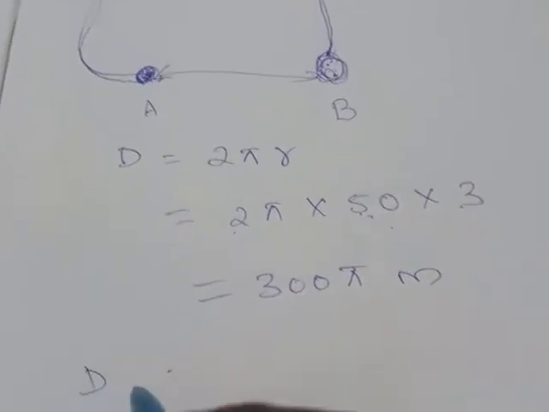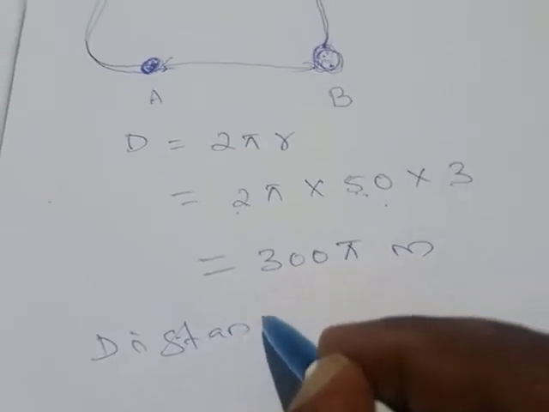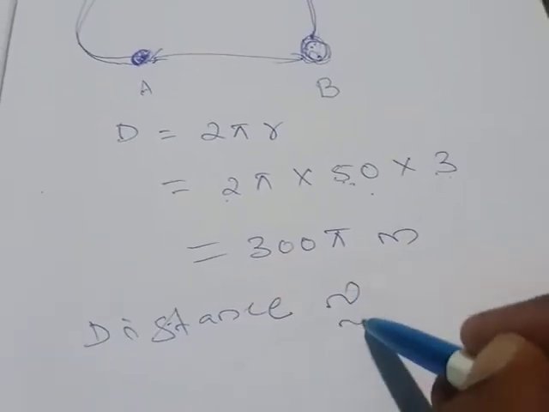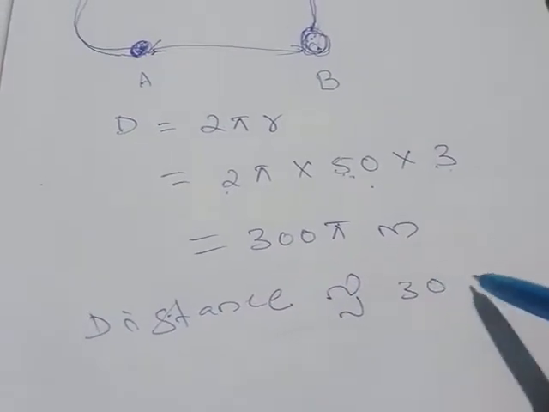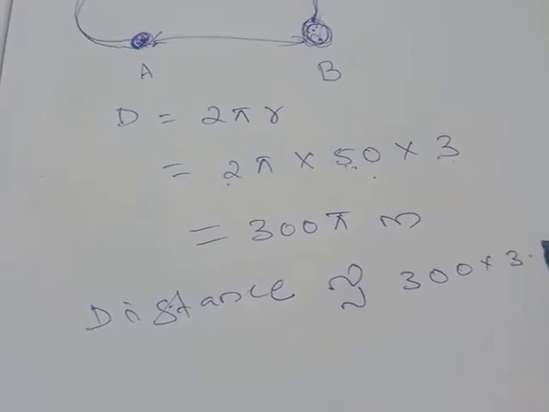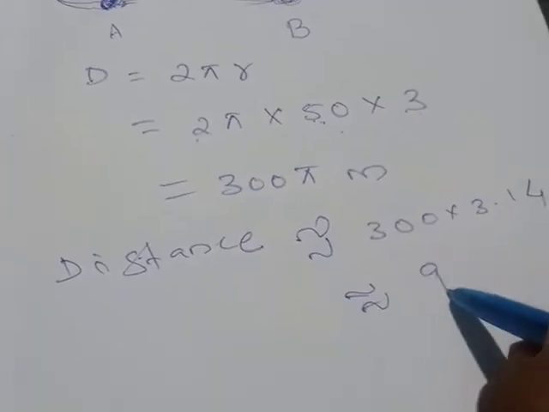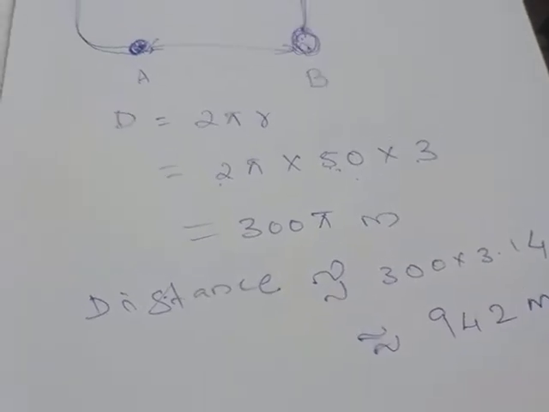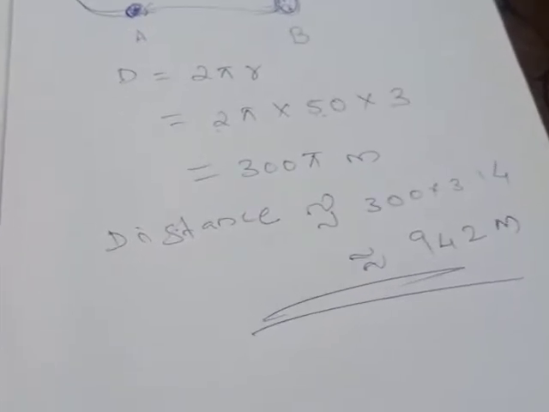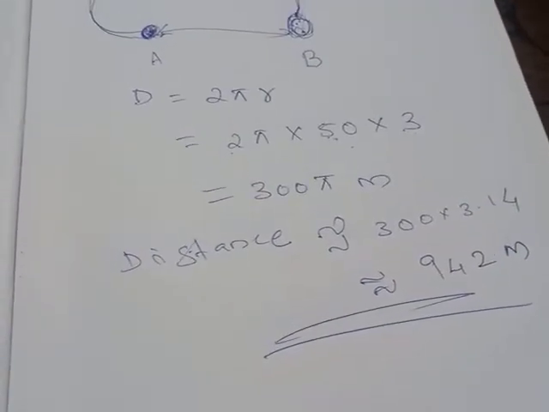You can find the approximate distance by substituting 300 into 3.14, so I get approximately 942 meter. This is one important 2-mark problem, so you can go through that.